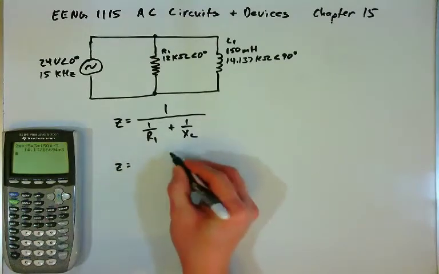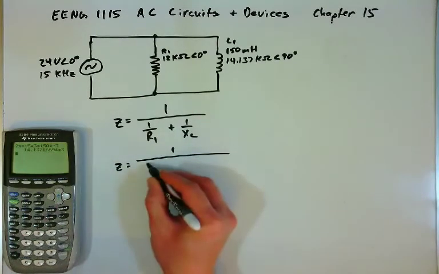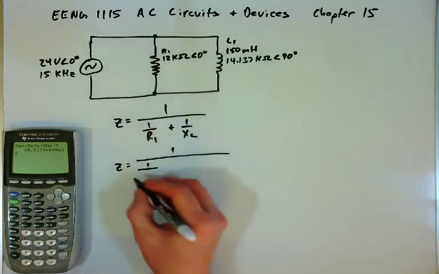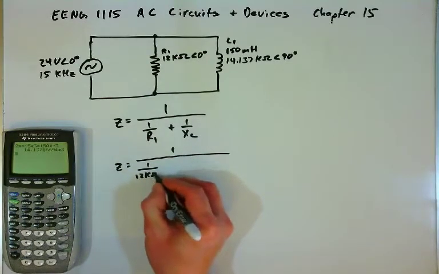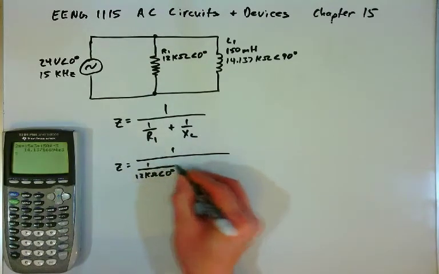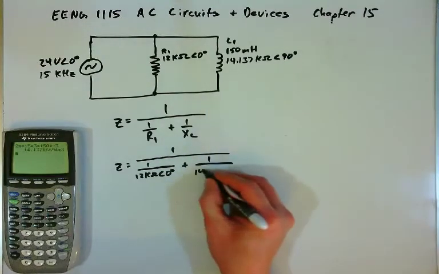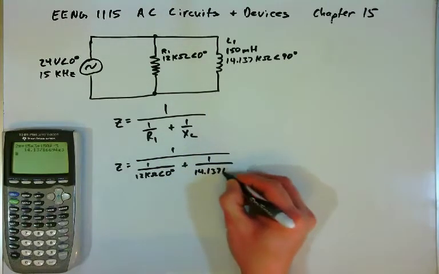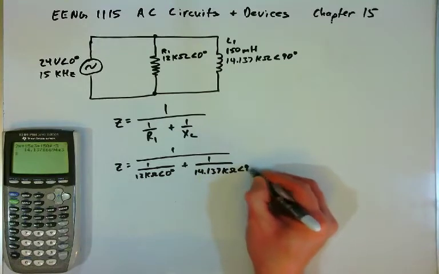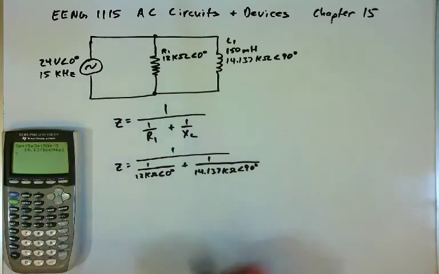The impedance will be 1 divided by 1 over R, which is 12 kiloohms at 0 degrees, plus 1 over X sub L, which was 14.137 kiloohms at 90 degrees.